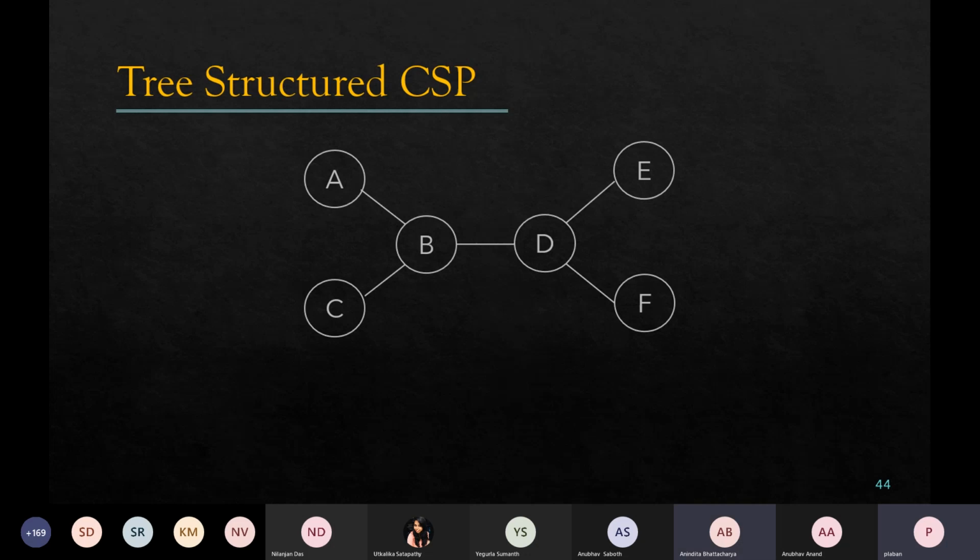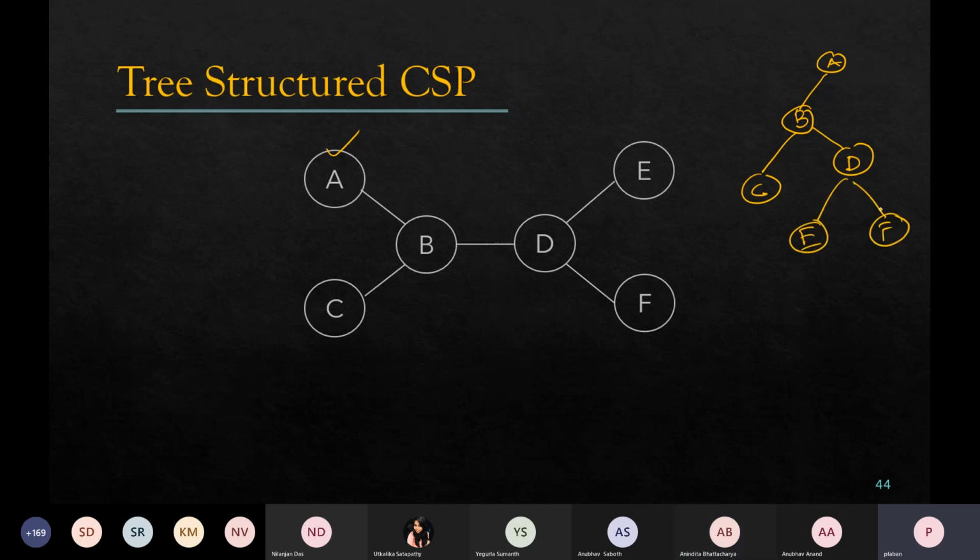Now, let us hold this node A and hang this entire structure from top to bottom. So it will become a tree, and it will look like this. We have A, then B, then C, and B has D, and D has E and F. So it is a tree structure that we have with us.